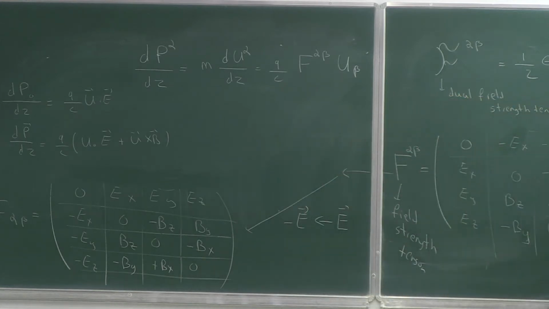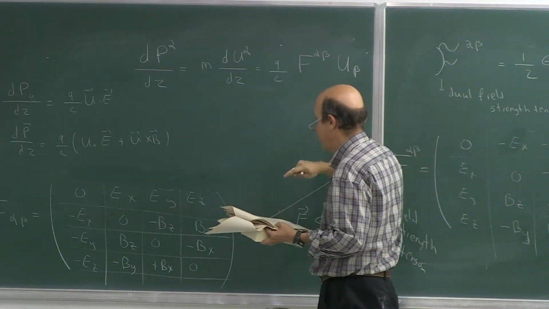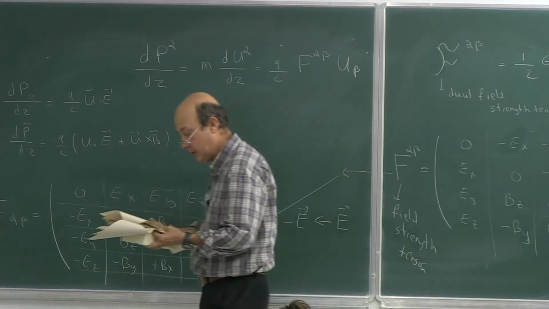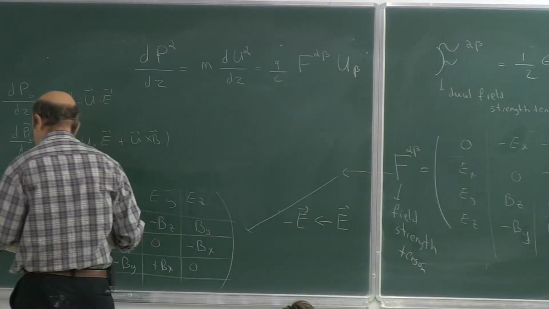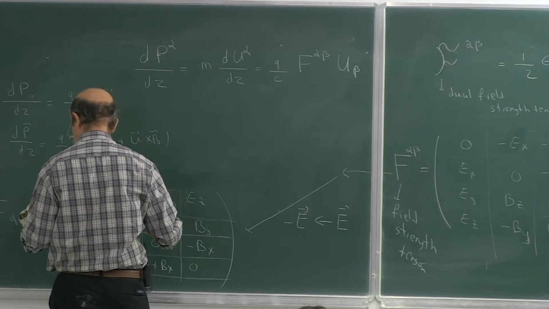The multiplication of the field strength tensor with the 4-velocity is the covariant form. q and c are invariants, and this is the Maxwell field strength tensor, and this is the 4-velocity, and this structure is the same in all frames.